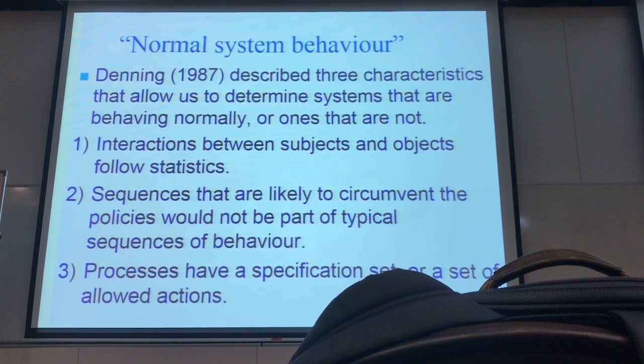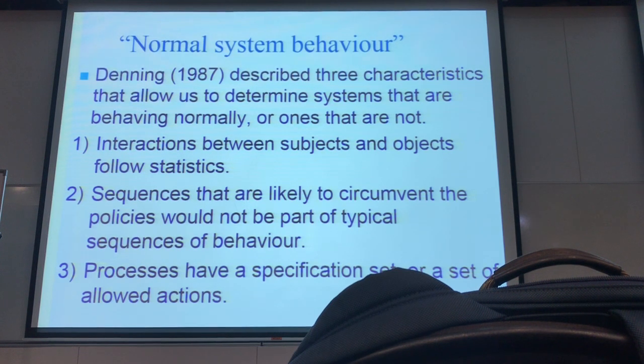Processes have a specification and a set of allowed actions. So this is basically related to the second item. Within the system, we have the specification for the process, basically what the process is expected to do. For example, if you still remember the buffer overflow, we have a program. Each software program has a specification, the functionalities performed by the program.